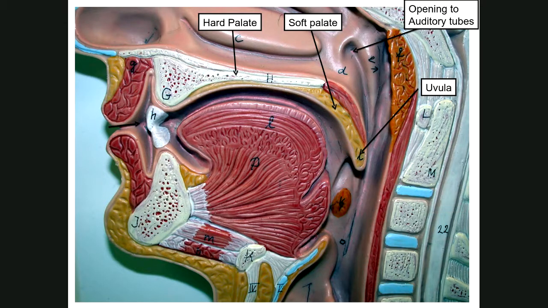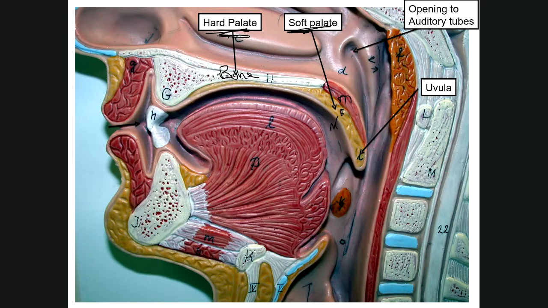The nasal cavity is divided from the oral cavity, and we learned this with digestion, by the hard palate. Remember, the reason it's called hard is because there's bone here. And the soft palate. This is not bone, it's muscle and fat and mucous membrane.